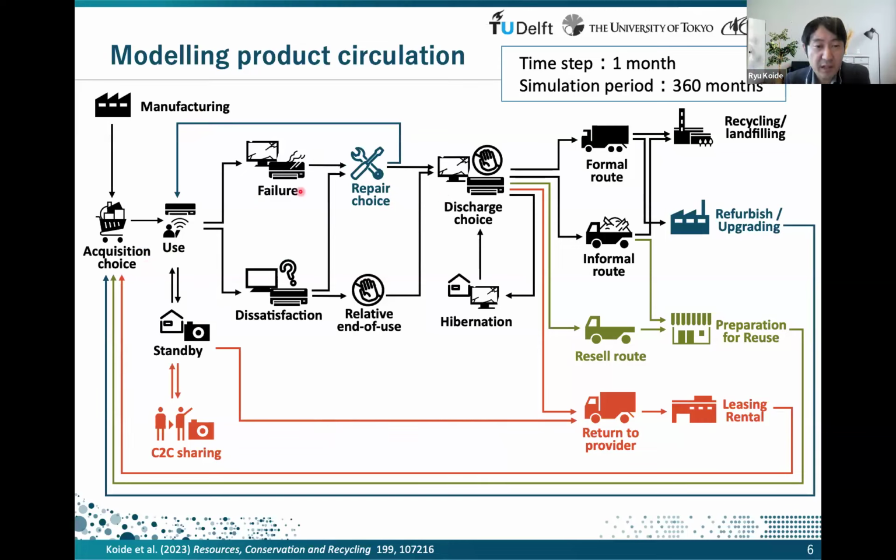And even if not broken, the consumer may throw it away, or they may hibernate the product at their home, and they may return it to manufacturers, or throw it away through an informal route, or they may resell it to a repair shop or reuse shop, or in the case of a product service system, it will be returned to a service provider, or handled by consumer-to-consumer sharing. And here the product could circulate again and again. So we have a representation of cascaded use of products, like n times of reuse or being refurbished.